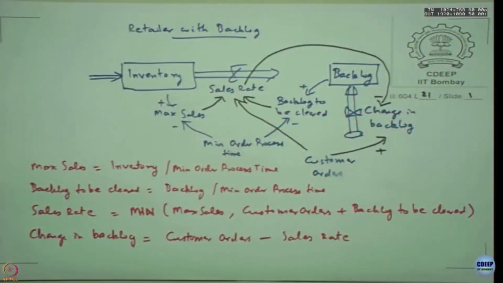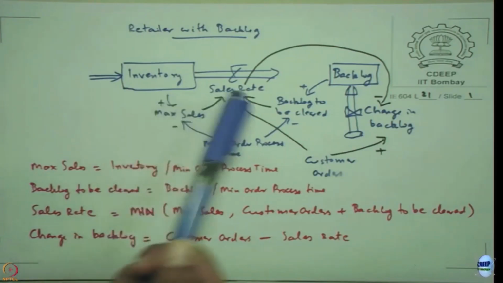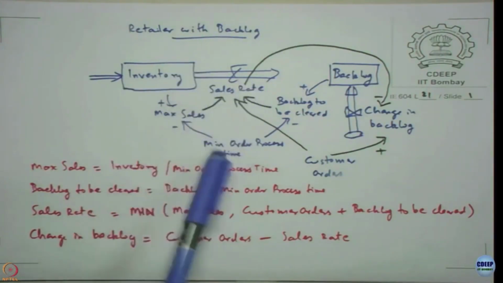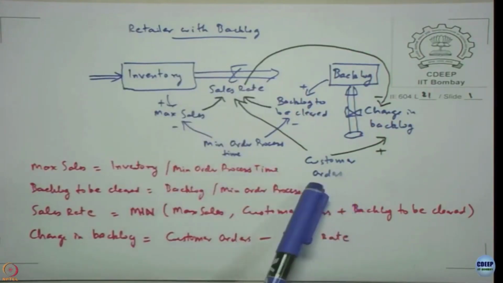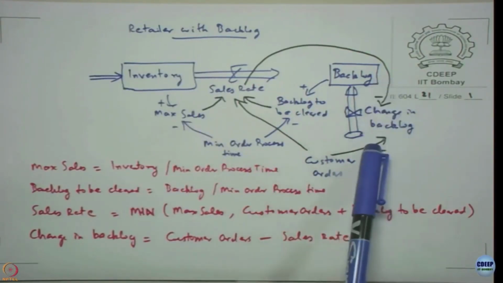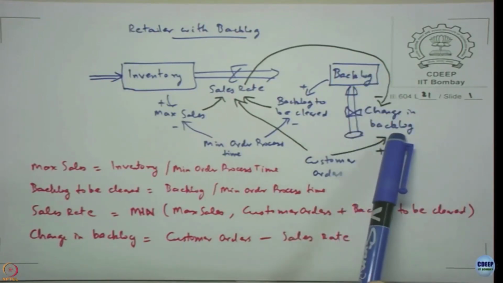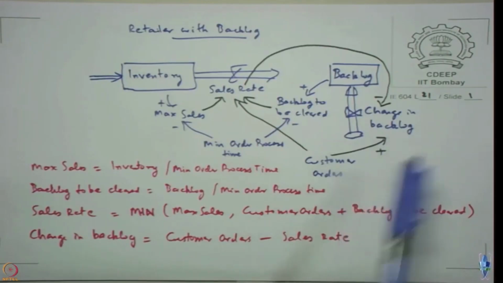The zoomed in portion of the model is shown here along with the underlying equations. So, your stock inventory, sales rate, max sales, minimum order time, exactly the same as before, and customer orders. New thing to be added is backlog, change in backlog, just as we described. This change in backlog was given as customer orders minus sales rate.